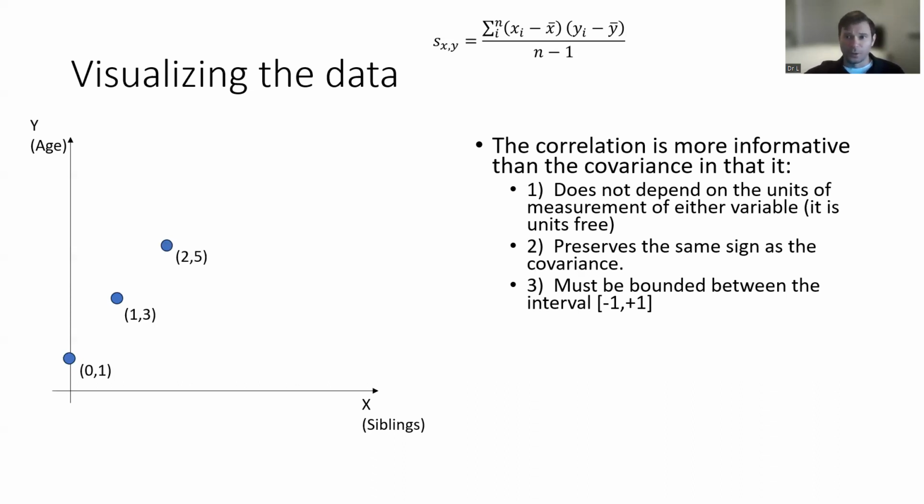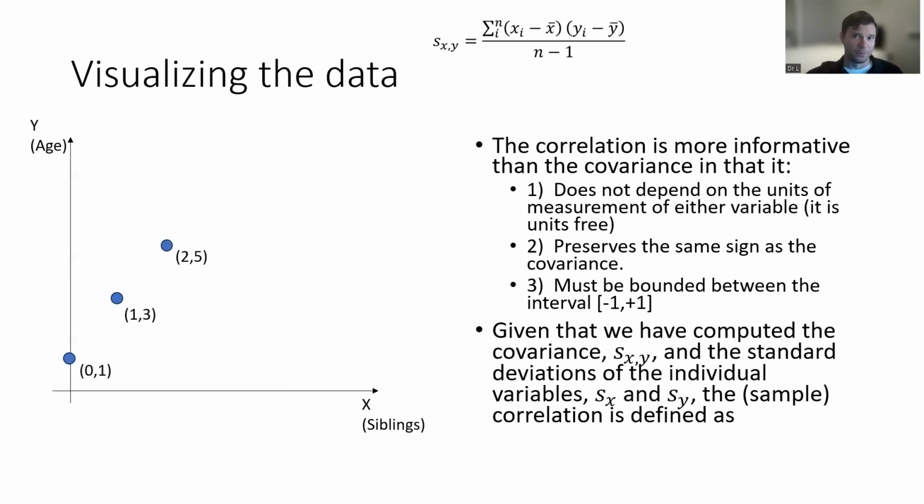Now, the way we compute the correlation requires us first to have completed a few prerequisites. We actually need the covariance calculated, and we need the standard deviations of each of the individual variables, x and y. And you should recall from an earlier discussion that the standard deviations are measured in the same units as the individual variables, so that when we deal with this problem of the covariance in the numerator being measured in those strange units, we said that was measured in siblings times years.